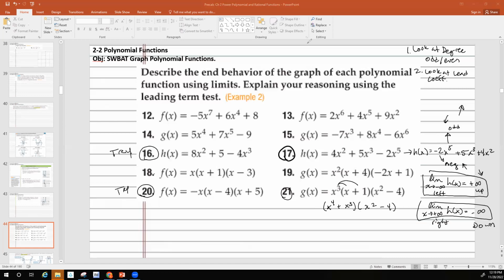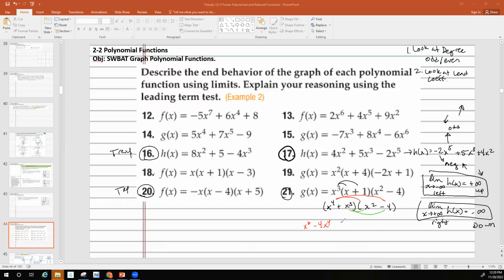When you multiply that, remember FOIL: first, outside, inside, last. So x to the fourth times x squared is x to the sixth. X to the fourth times negative 4 is negative 4x to the fourth. Then we multiply x cubed times all of the terms on the right side.